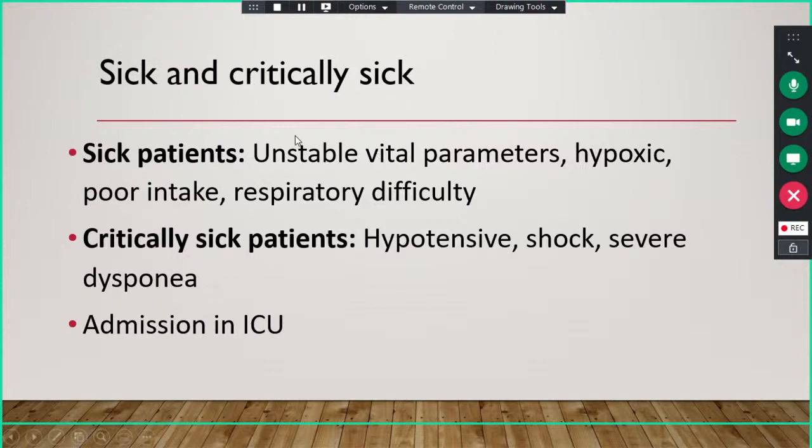If the child is sick, as indicated by unstable vital parameters, low blood pressure, hypoxia, high heart rate and respiratory rate, poor intake in a child, respiratory difficulty and hypotensive shock, or severe dyspnea like acute respiratory distress syndrome, these patients require hospitalization and admission in the intensive care unit.